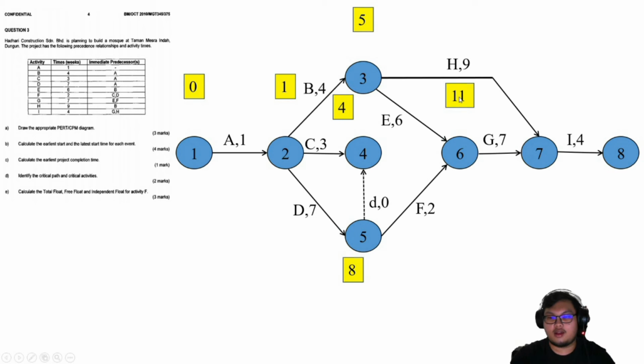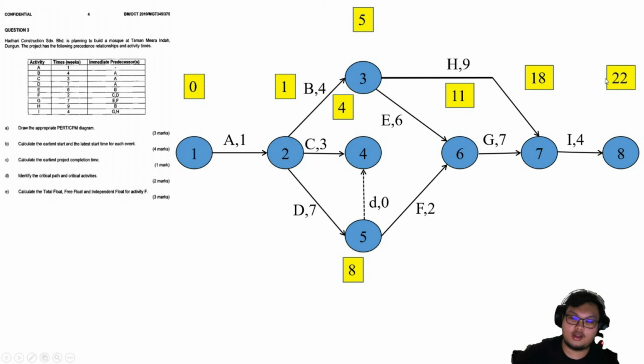Now 11 plus 7 equal to 18. Same also, we have 11 plus 7 equal to 18 and 5 plus 9 equal to 14, and I will take the larger one. The larger one is 11 plus 7 is 18, so 18 plus 4 we have 22. So the EET is 22.